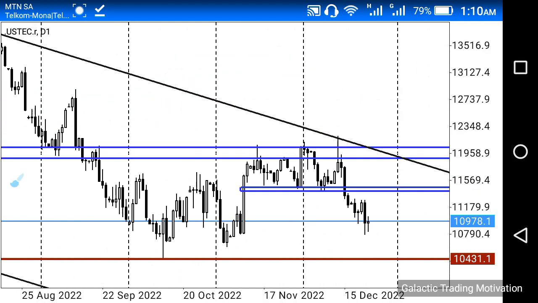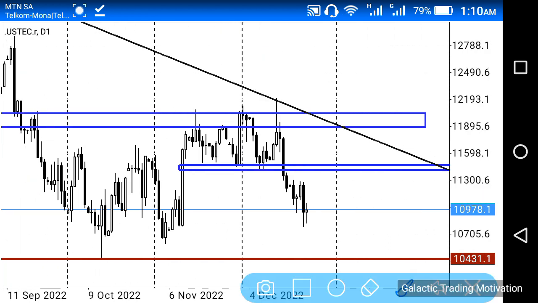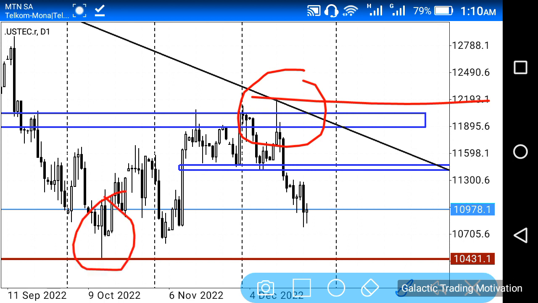So what else do we see, guys, in regards to the daily chart? As much as we've had a third rejection at this level over here, just also bear in mind that at this level over there we have that candlestick, which is a bullish candlestick with a small body and a long upper wick, similar to this candlestick over here, which we had on the weekly chart, which is carrying liquidity at that point.